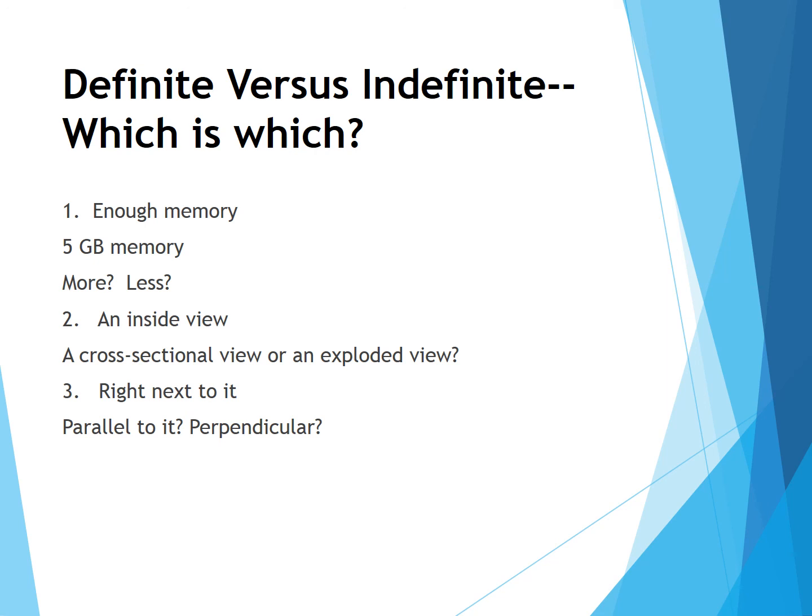There's a great deal of difference between a cross-sectional view, which is just kind of like the thing is sliced in half, or an exploded view, which shows how all the parts fit together. There's a good deal of difference between being right next to it, between 2 items being parallel or one being perpendicular to the other. So be sure to be specific when you're writing descriptively.